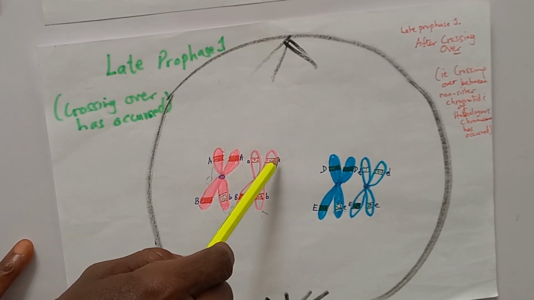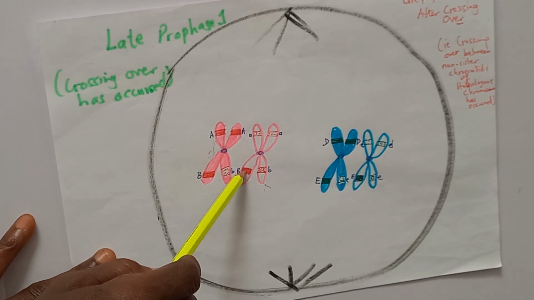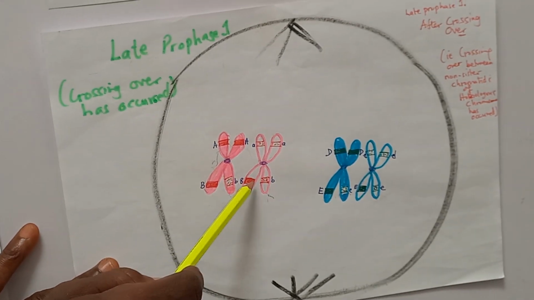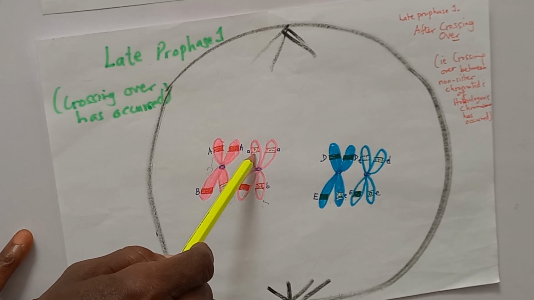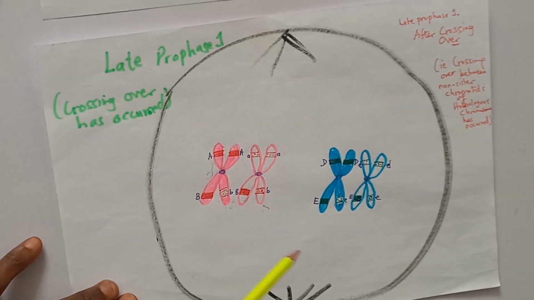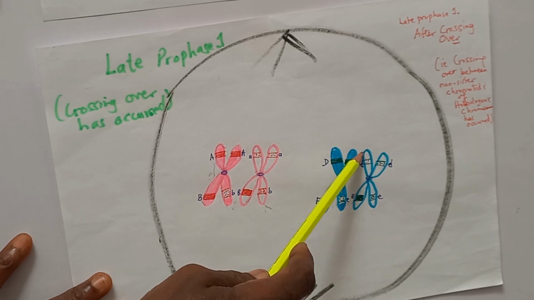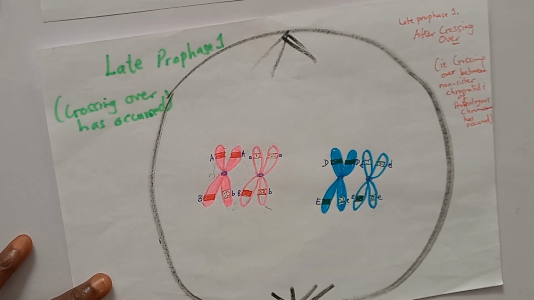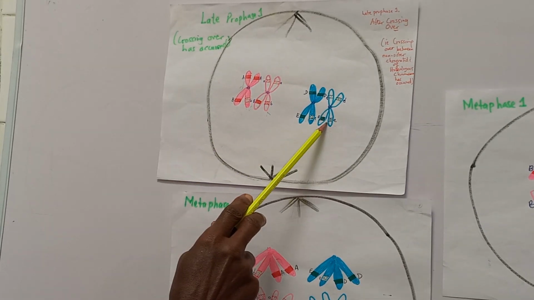Then this one too has gene small a instead of gene small b. Because of the crossing over, we have gene big B here. And this one is still gene small a, small b. The same crossing over took place between non-sister chromatids here, so we have this change occurring. Late prophase 1, crossing over has taken place.